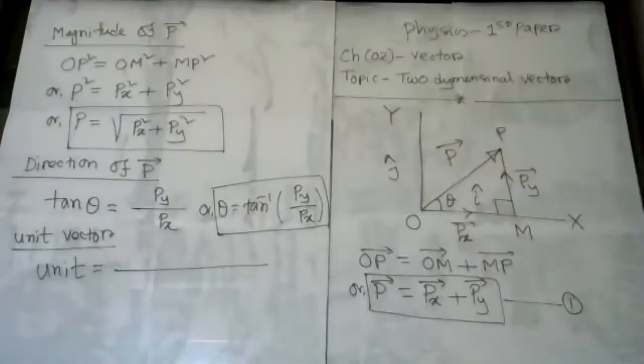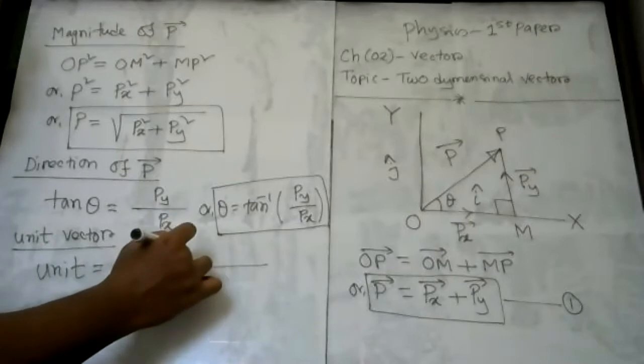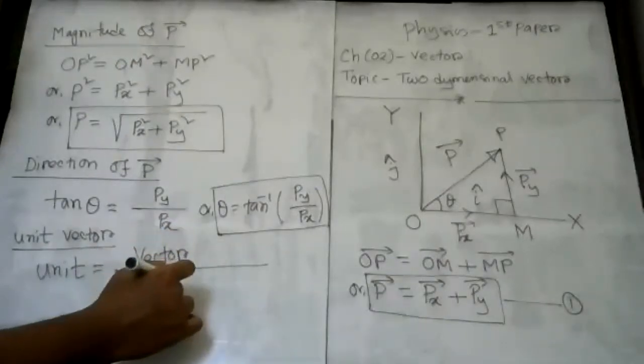This is the ratio of a vector with respect to its magnitude. So, vector quantity divided by magnitude.